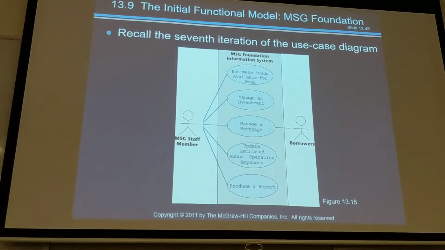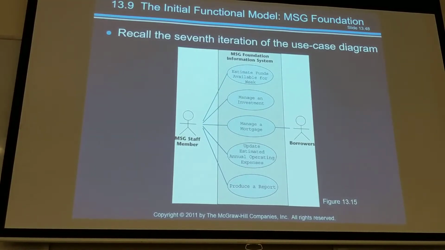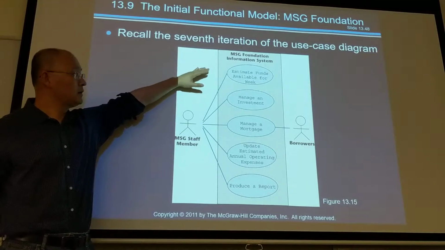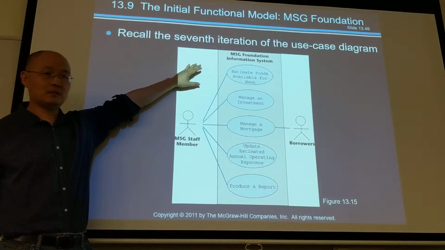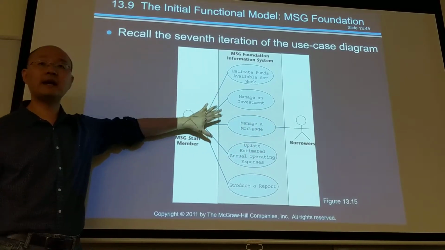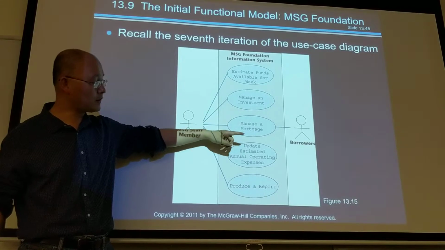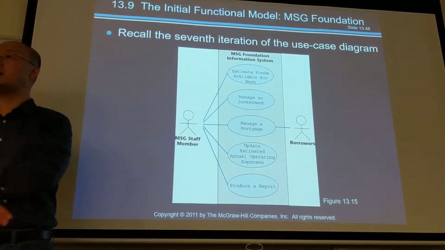The same information I'm looking for in your requirement document. Same thing: what, who, how. What is the system? Who are the users? How are they using the system? One functionality, second functionality, third functionality, all 5 functionalities right here.